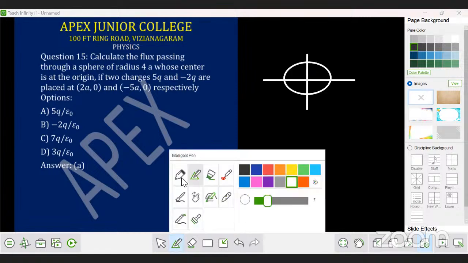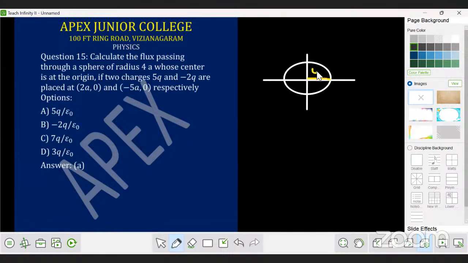What is the radius of the sphere? 4a. And how are the charges placed here? 5q charge is placed at 2a, 0, which means somewhere here. And minus 2q charge is placed at minus 5a. Minus 5a means it is more than 4a, somewhere here outside the sphere.